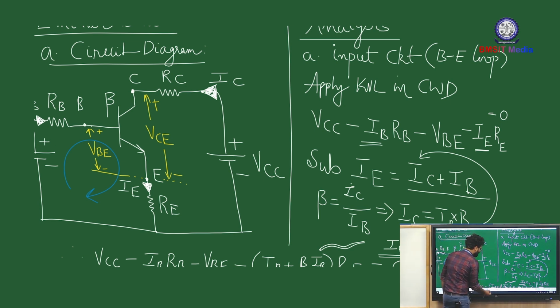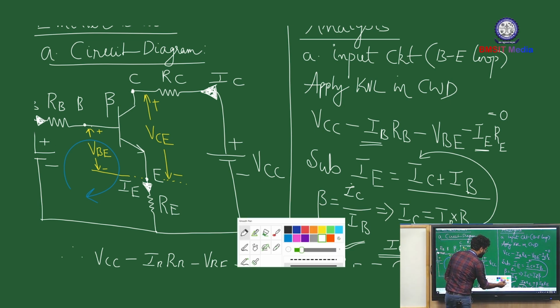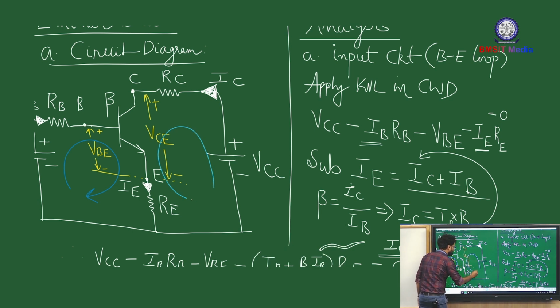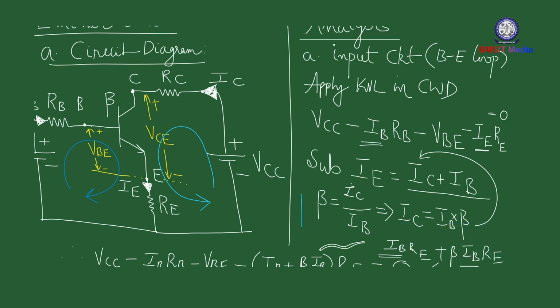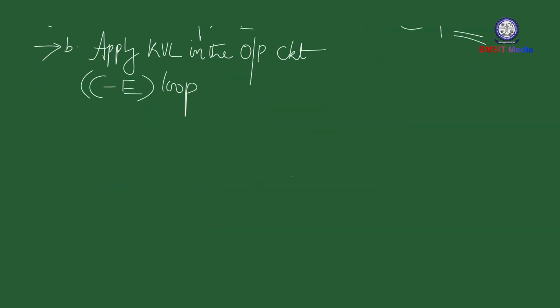While applying KVL, I'll take the help of the power supply voltage. The power supply voltage is in this direction, so let us assume the KVL in the counterclockwise direction, along the direction of VCC polarity. You can follow the circuit.